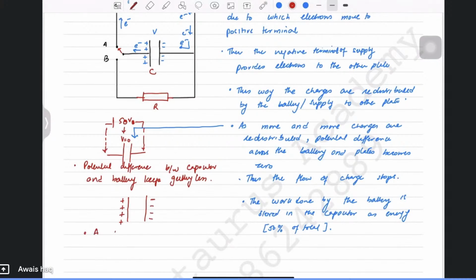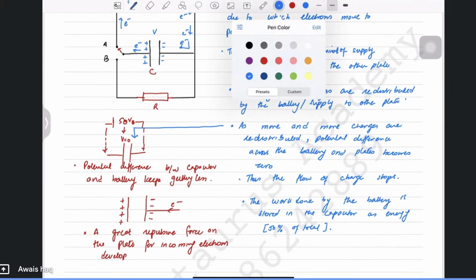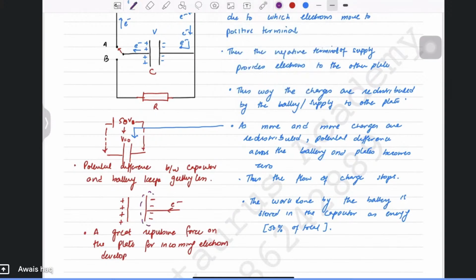Basically a great repulsive force on the plate for incoming electrons develops, which means the electrons coming from here, already it is being filled by other electrons. So these electrons would not let this electron come, or would oppose, because electrons oppose each other, same charges.